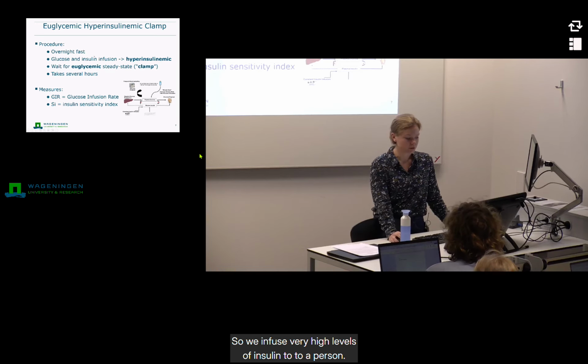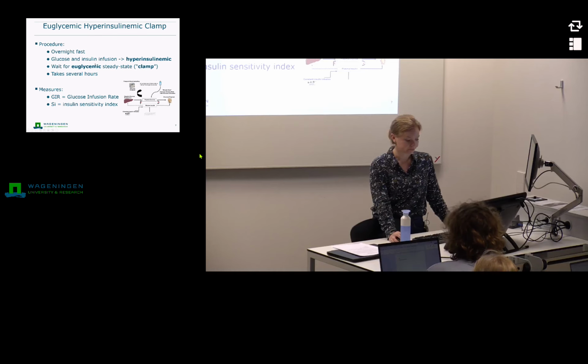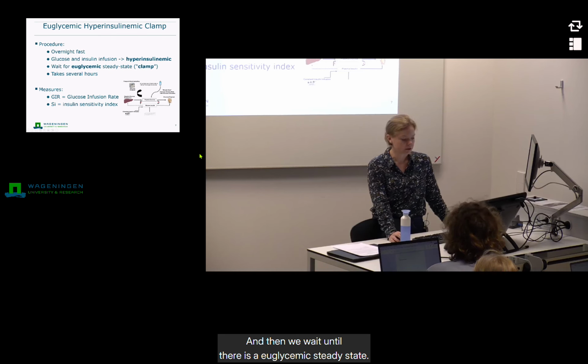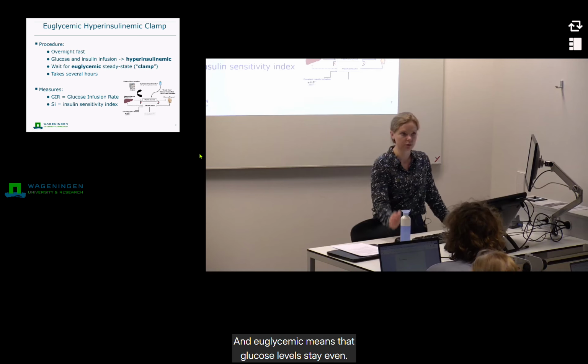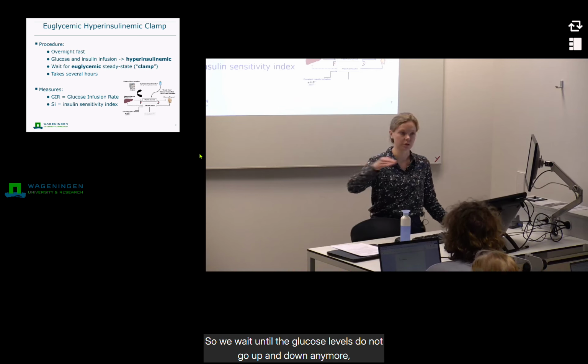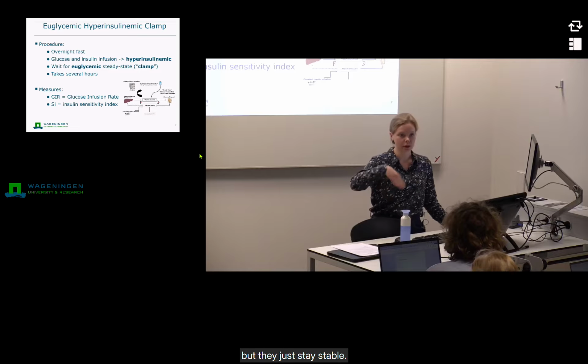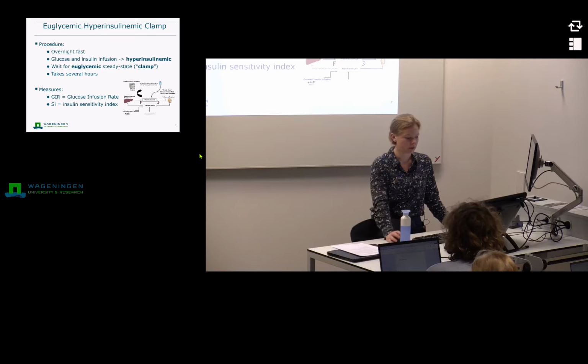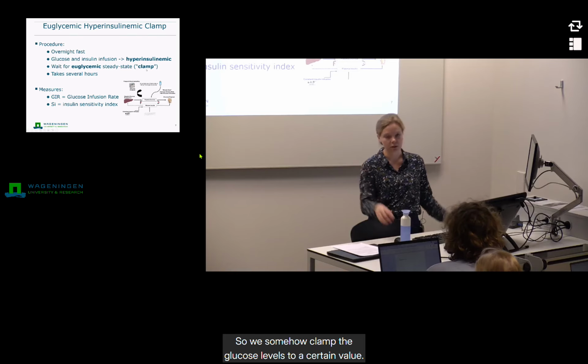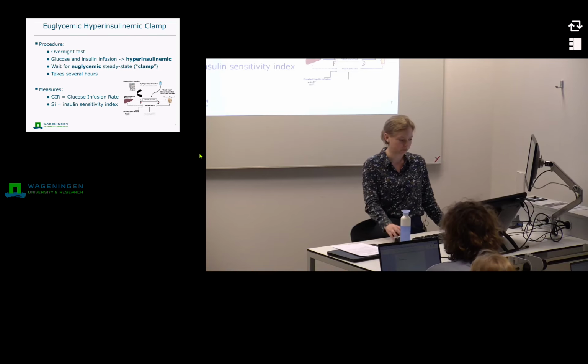So we infuse very high levels of insulin to a person. And then we wait until there's a euglycemic steady state. And euglycemic means that glucose levels stay even. So we wait until the glucose levels do not go up and down anymore, but they just stay stable. And this is actually what we call clamping. So we somehow clamp the glucose levels to a certain value.